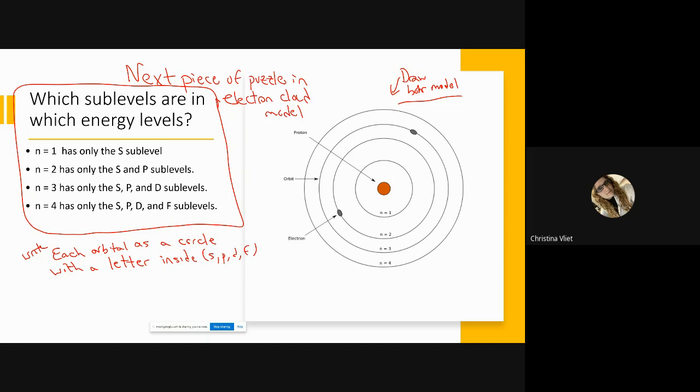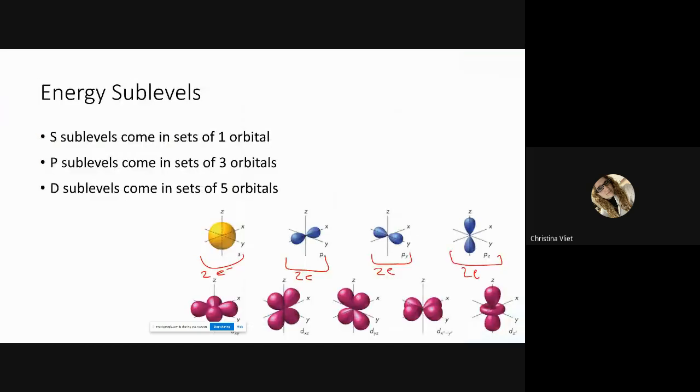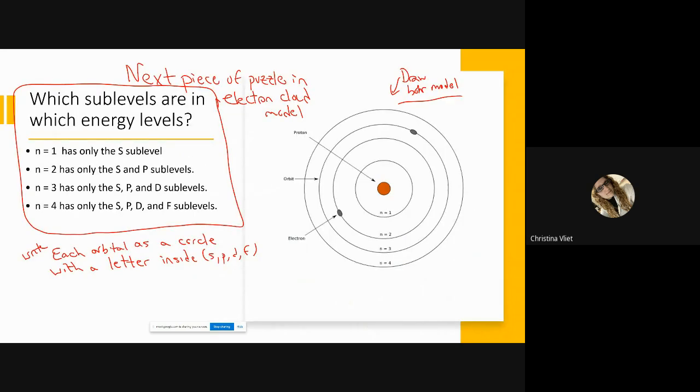So energy level 1 has an S sublevel. How many orbitals is that? That is all energy level 1 has space to fit.